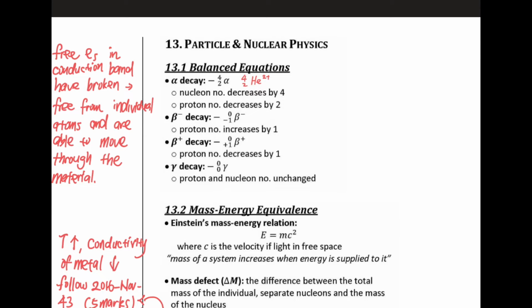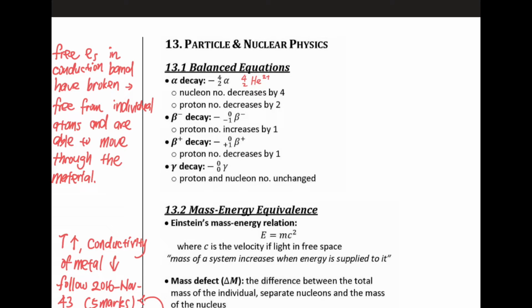So it's the helium that loses 2 electrons, so it becomes positively charged. So very desperate for electrons. So that's why this is under the radioactive substance. So the nucleon number decreases by 4. And then when you want to balance the equation, make sure you minus 4 for the nucleon number, and then your proton number decreases by 2.